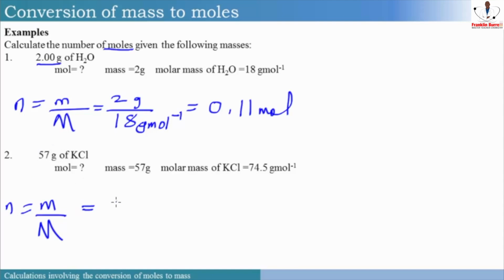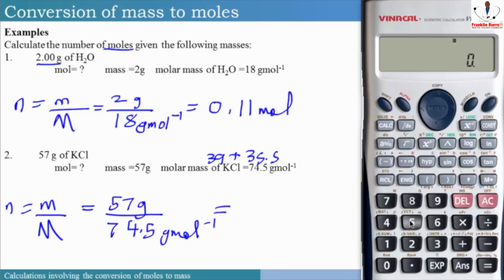And so we have 57 grams of potassium chloride, and the molar mass of potassium chloride is 39 for potassium plus 35.5 for chlorine. And that should give you a molar mass of 74.5 grams per mole. And so we'll divide 57 grams by 74.5 grams per mole.